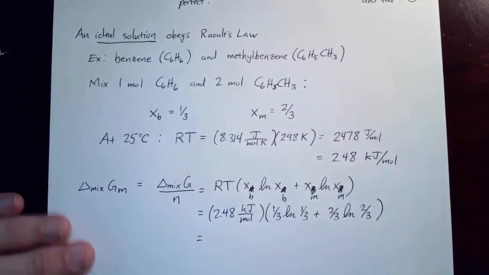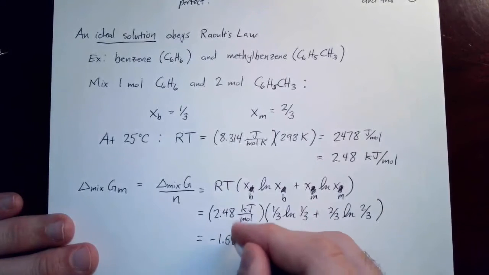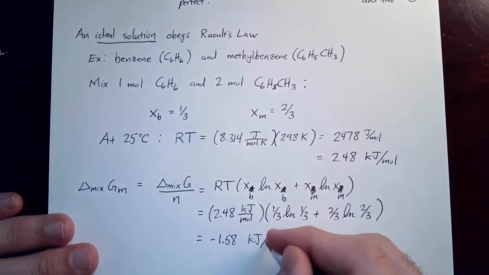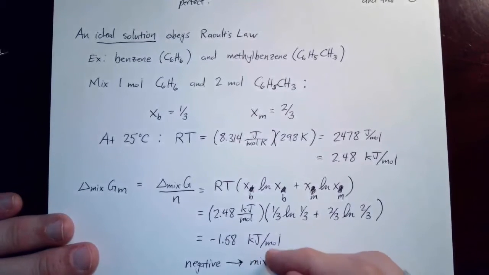All right, putting this into a calculator, we get negative 1.58 kilojoules per mole. And the fact that delta G here is negative implies that the mixing of these two liquids is spontaneous.